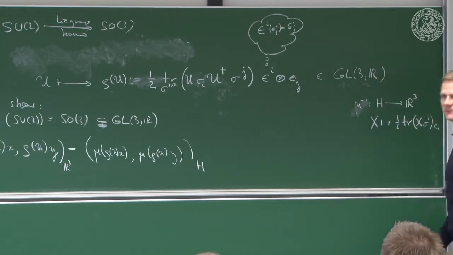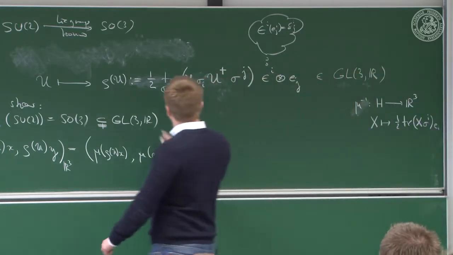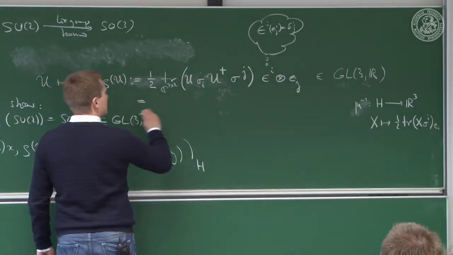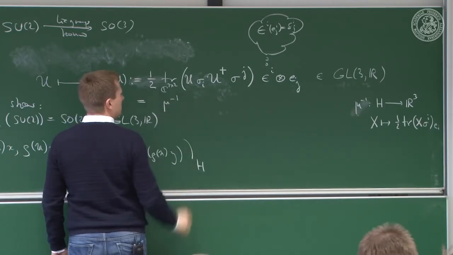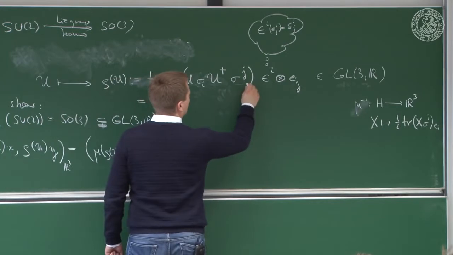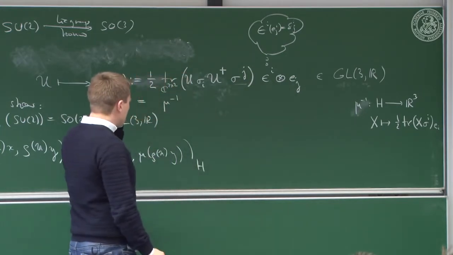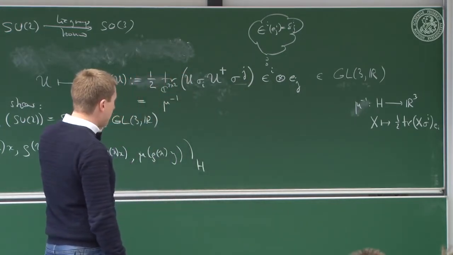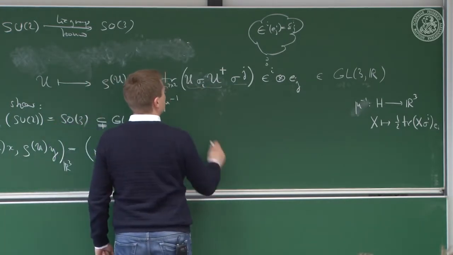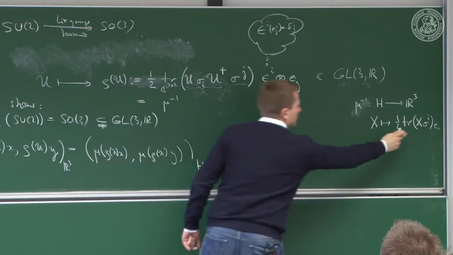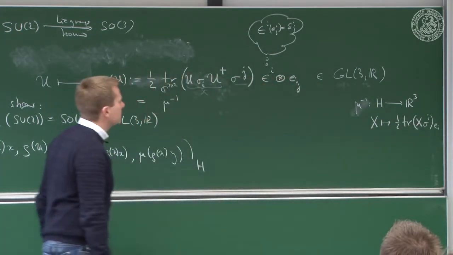Is that correct? Is that what we defined? I think that's what we defined, right? That was the back transformation. And don't we see so nicely here that our definition of rho of U is precisely something of the type, it's a mu inverse of this, taking the role of this x here.